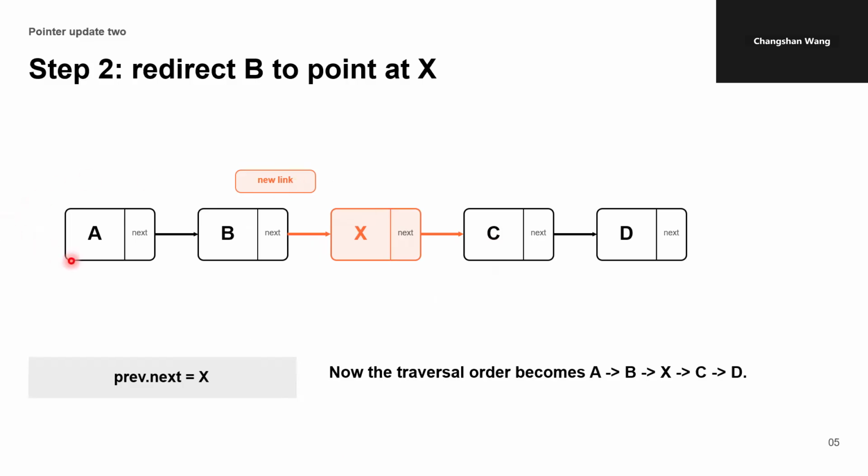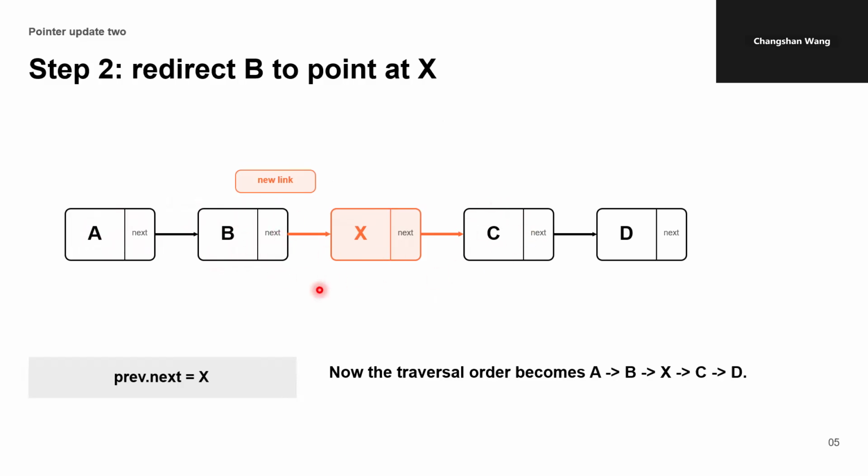For example, we can imagine A, B, C, D as 4 people. The address of B is stored in A's home, and the address of C is stored in B's home.